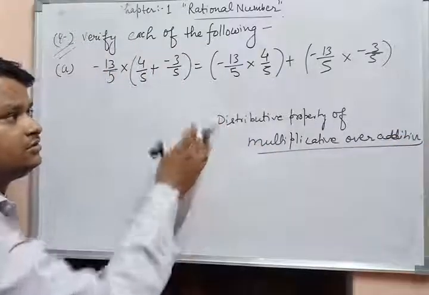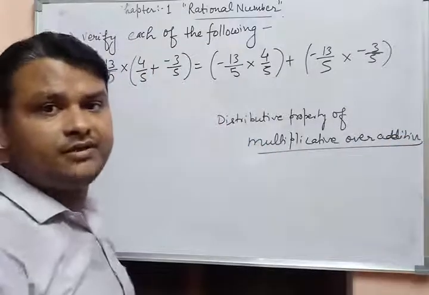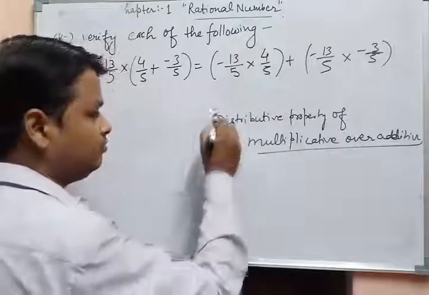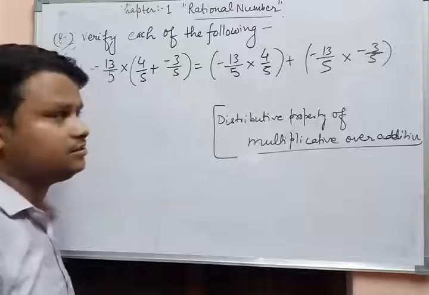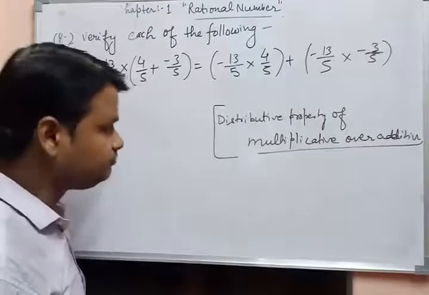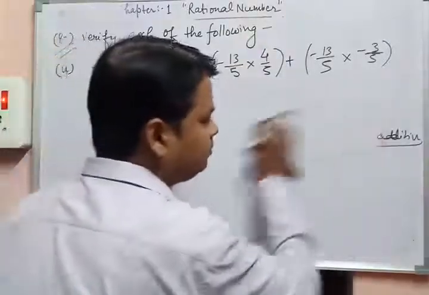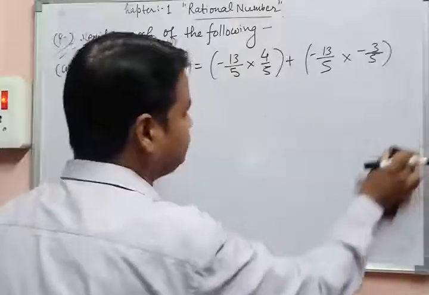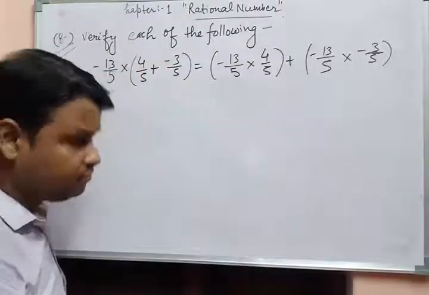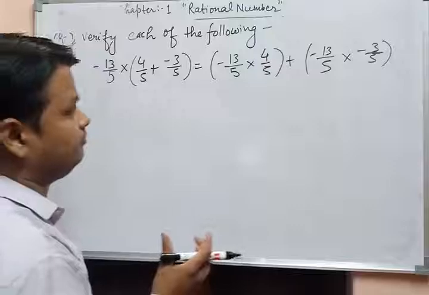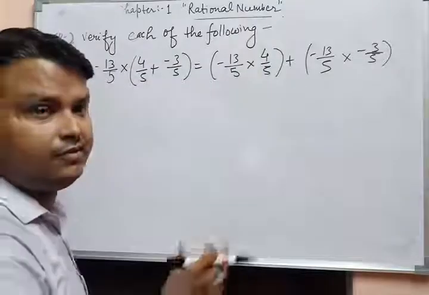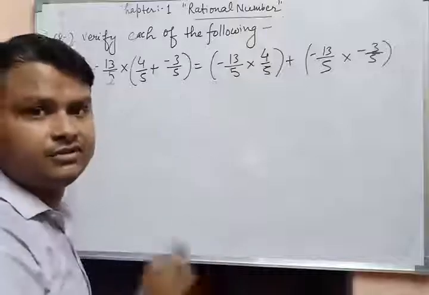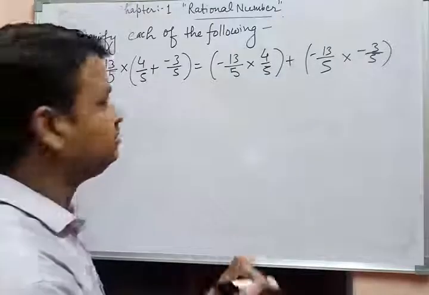This question is based on the property of rational numbers whose name is distributive property of multiplication over addition. So first of all we have to solve this question from LHS, after that RHS. Then if we get the same result on both sides, our question is verified.